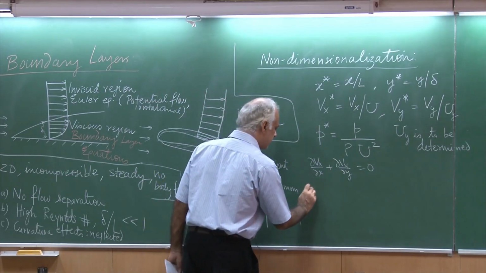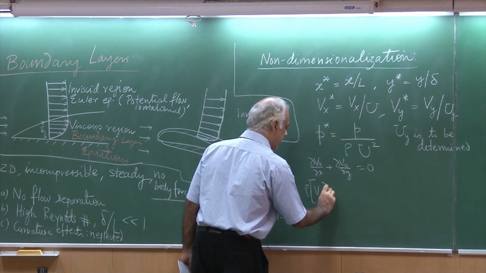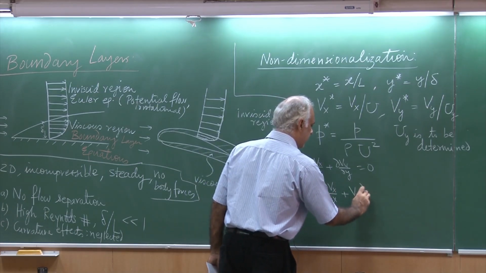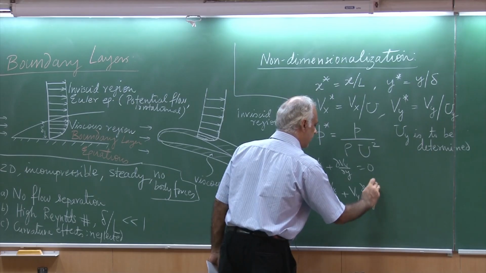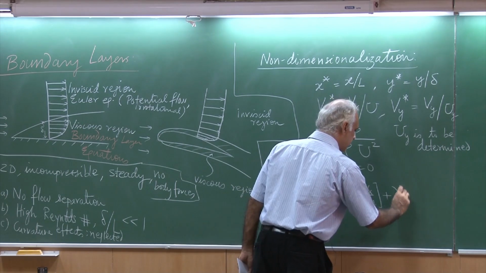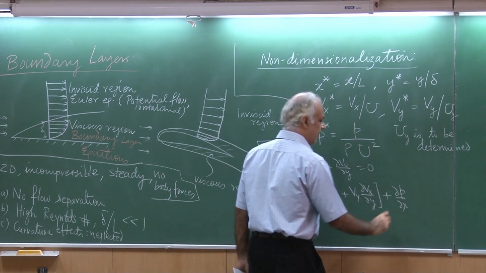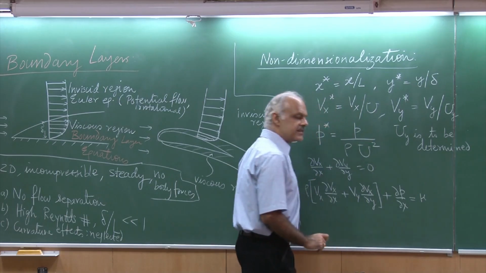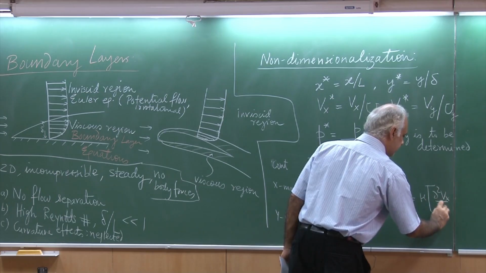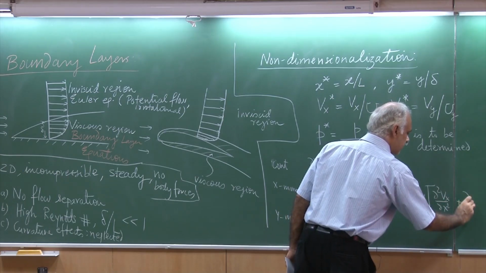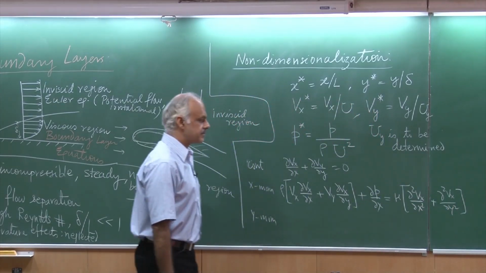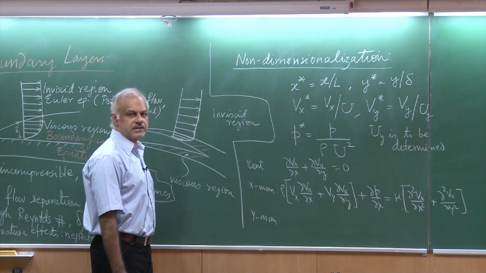The x momentum equation: rho times Vx del Vx by del x plus Vy del Vx by del y. So that's the convective term. Then I am going to write down the pressure term, and this is equal to mu times the Laplacian of the x component of velocity, which is del square Vx by del x square plus del square Vx by del y square. So that's your x momentum equation.